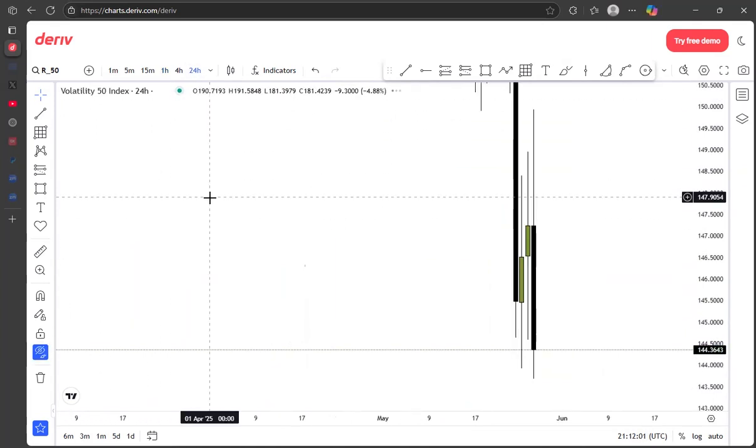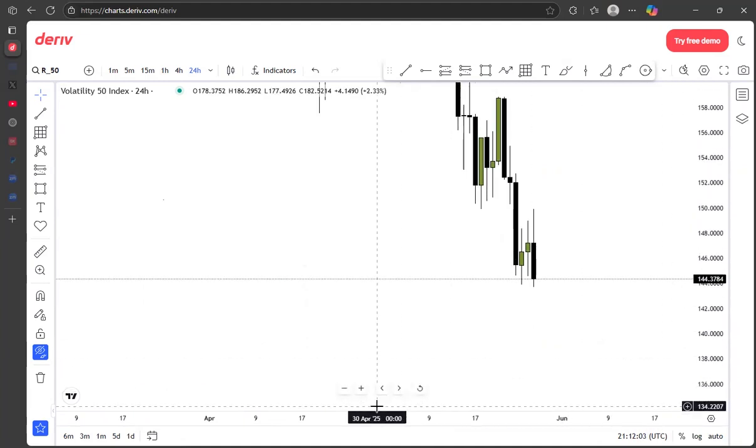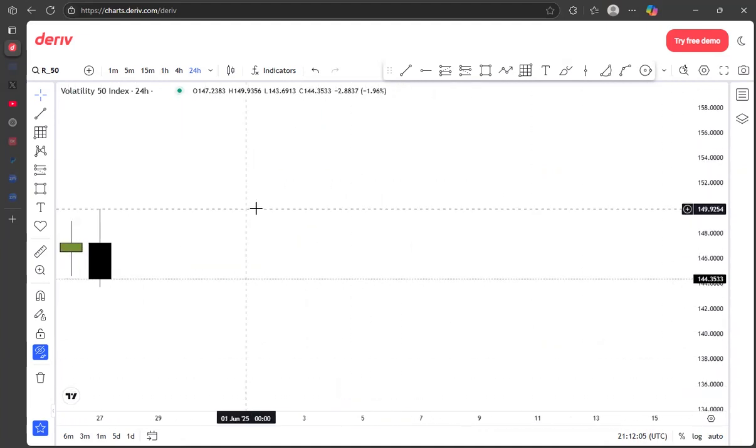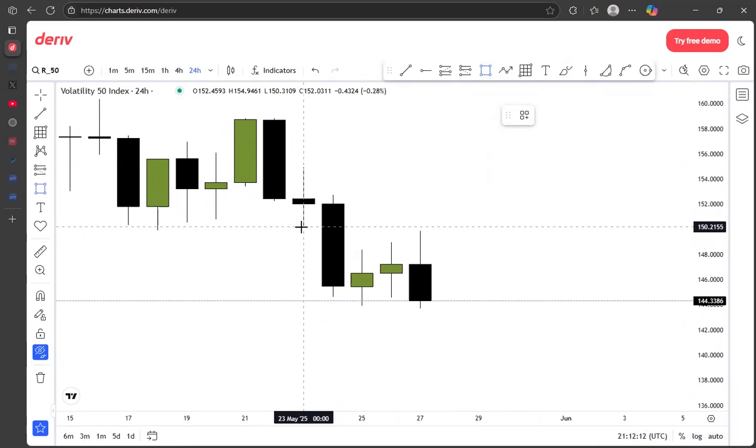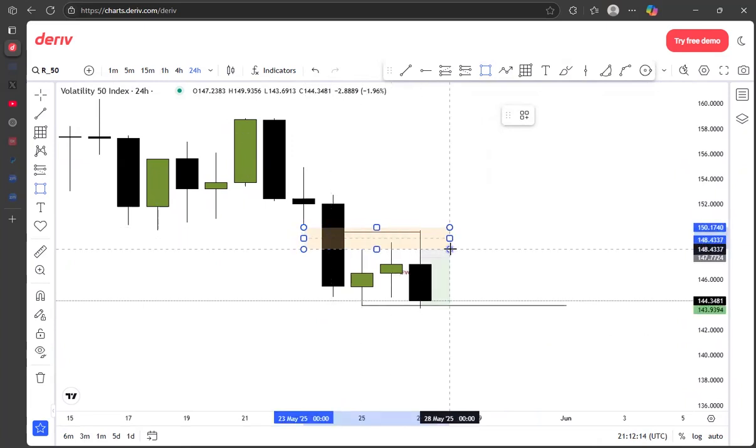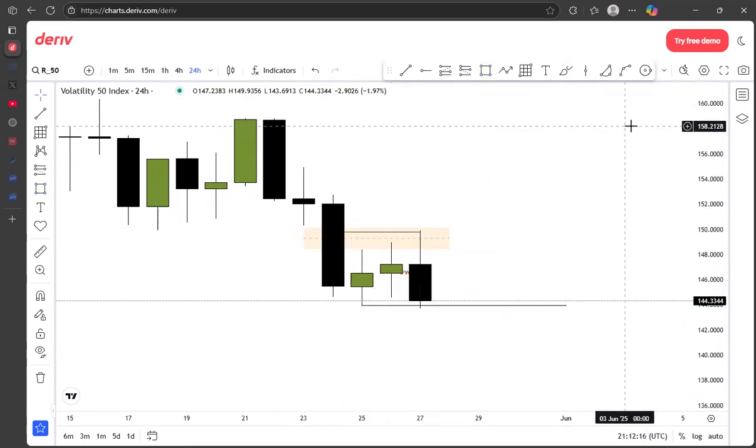So what happened here is, price was sitting on this area here. Let me delete these annotations.